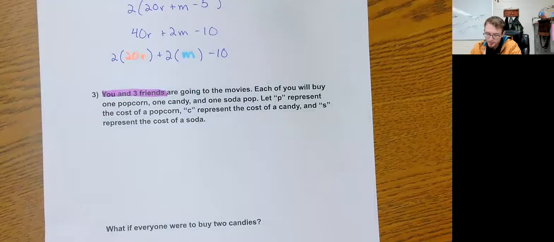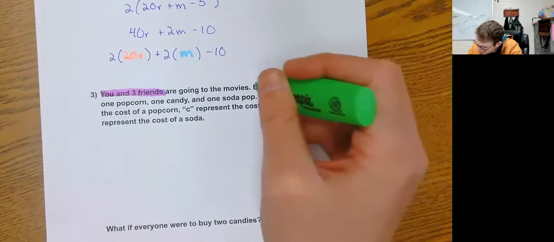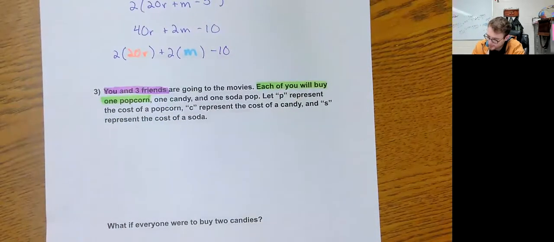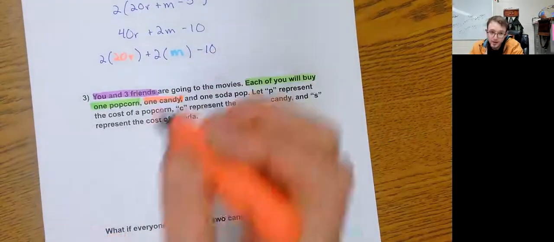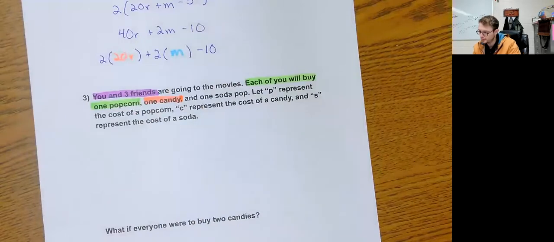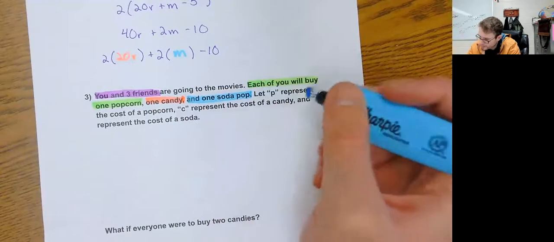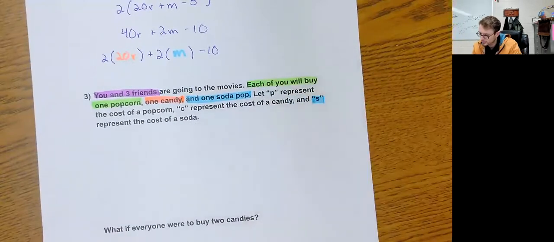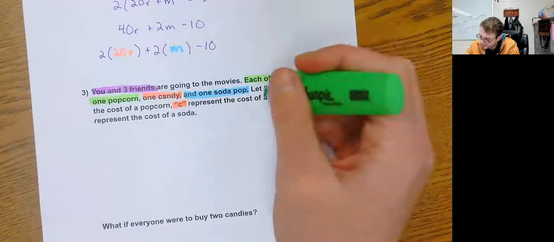Each of you will buy 1 popcorn, 1 candy, and 1 soda pop. All right, we're going to let S be soda pop, C be candy, and we're going to let P be popcorn.